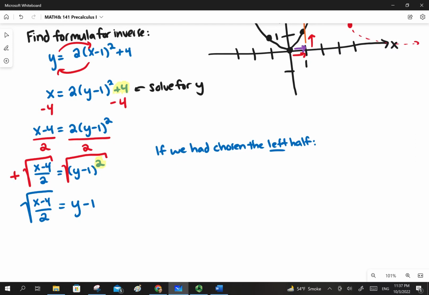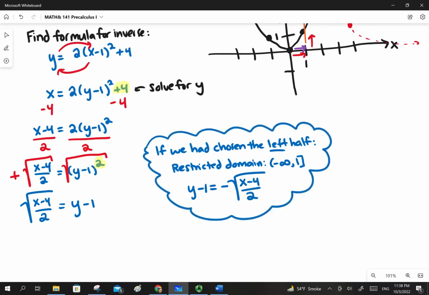If we had chosen to use the left half of the original parabola, then our restricted domain would have been negative infinity to 1, and we would have used the negative root and said that y minus 1 was equal to negative square root of (x minus 4) over 2 instead.